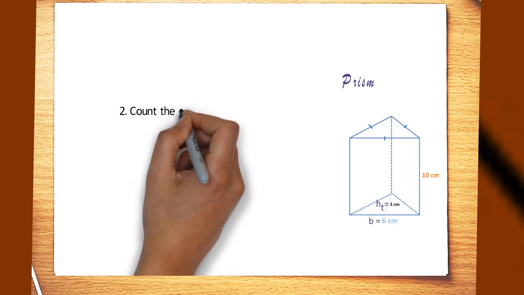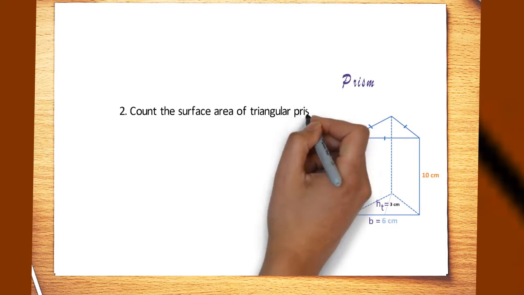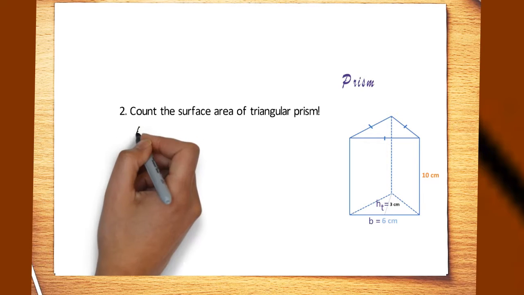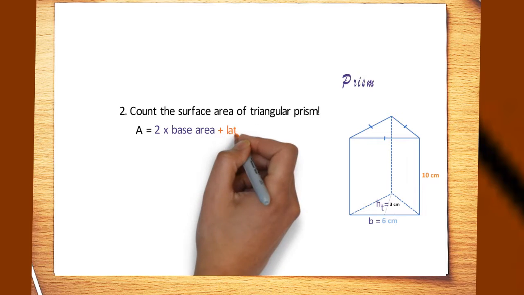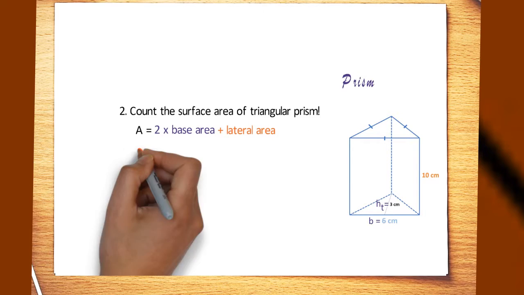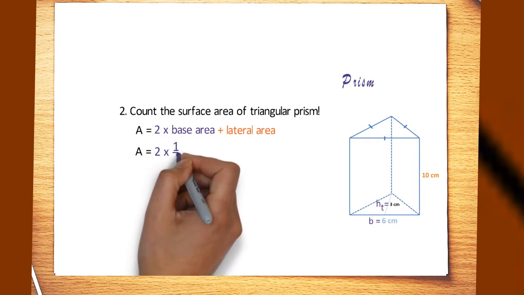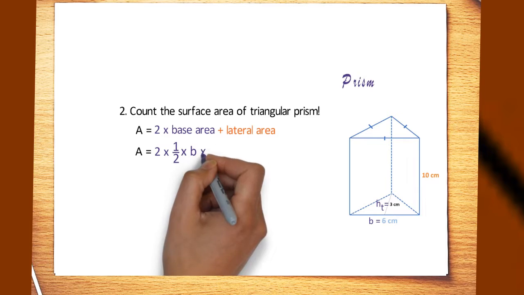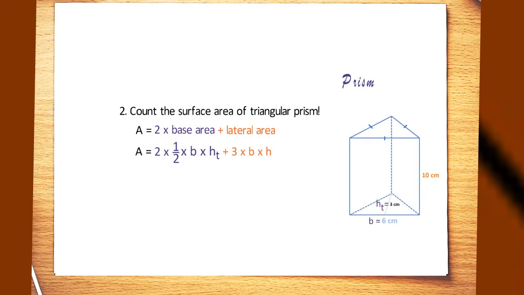Second question. Count the surface area of the triangular prism. The area of a triangular prism is equal to 2 times base area plus lateral area. It's equal to 2 times half times b times ht plus 3 times base times h.